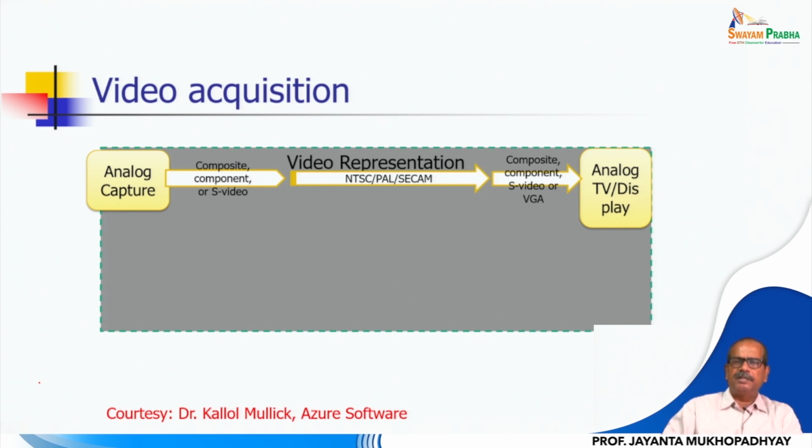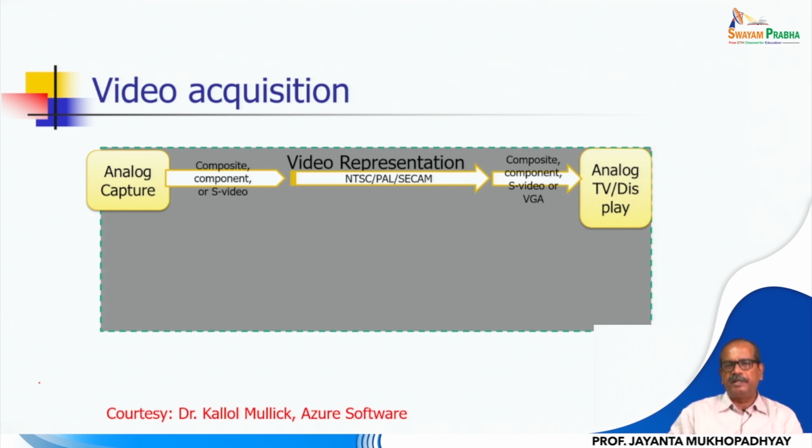For acquisition of video, as the technology has moved on, initially videos were captured as an analog signal, as a continuous signal over the time domain. That is the analog capture, and that's why there is a requirement of converting this frame over time into a sequence of samples with a certain format and convention.